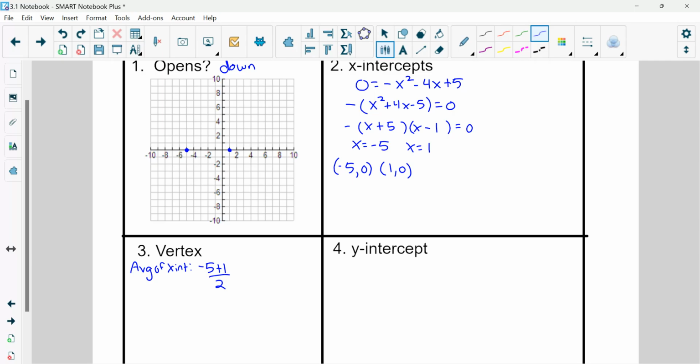Negative 5 plus 1 is negative 4, divided by 2, so negative 2. So that means our h value is negative 2. That would also essentially be our axis of symmetry. So I can draw a vertical dotted line going through x equals negative 2.